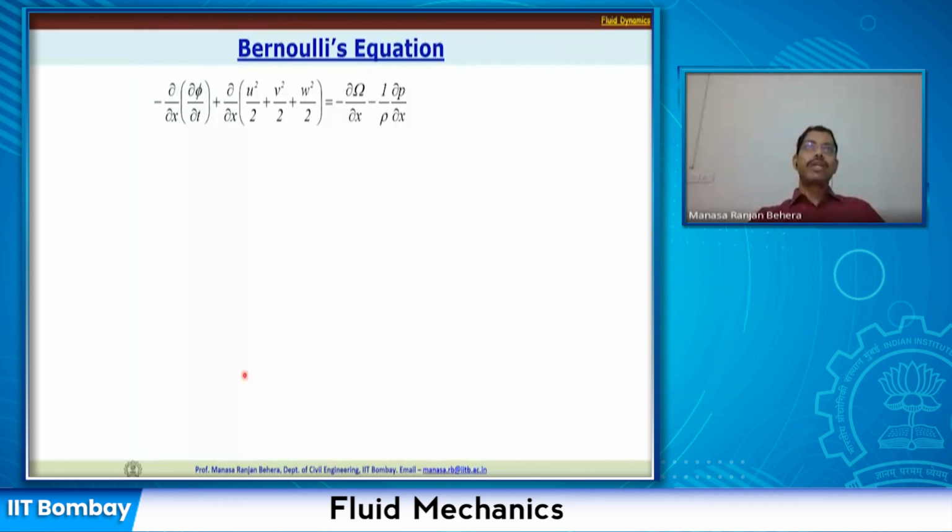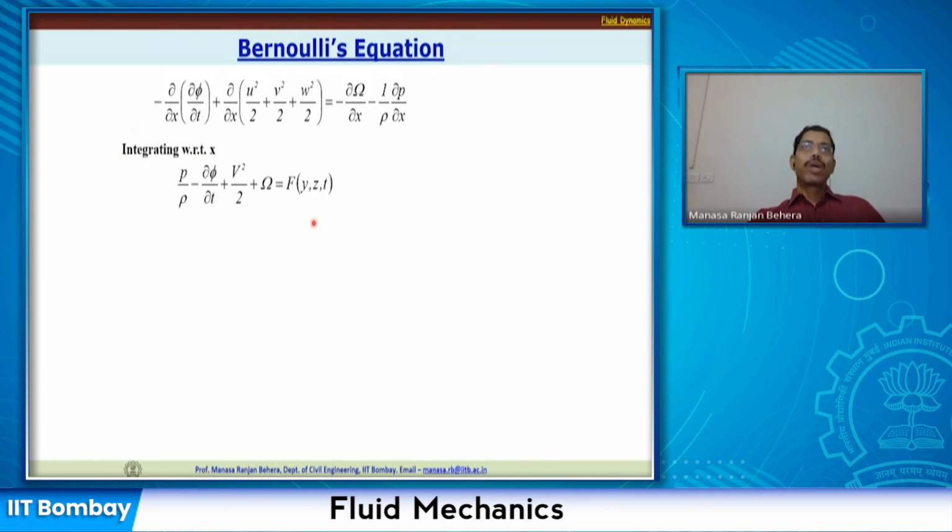Now if I take that same equation and integrate with respect to x, I'll get p by rho, which, if brought to the other side, will be positive. So p by rho minus dou phi by dou t plus these three terms together, which I am just noting down as v square by 2, plus omega is equal to some constant.